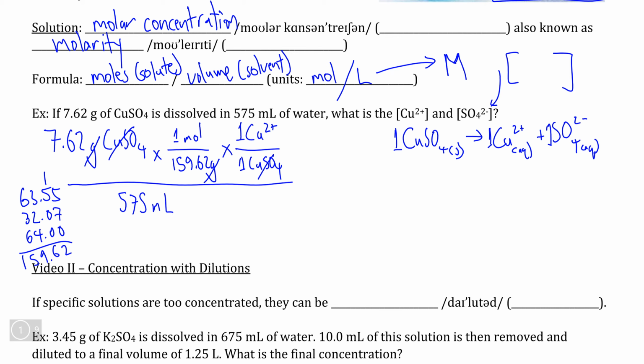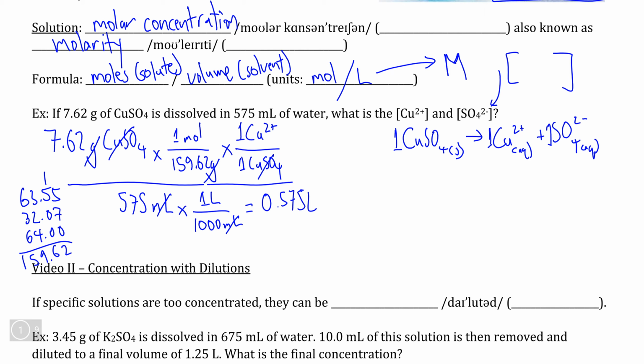Those with a keen eye will recognize that our units for volume are wrong, because the standard units for molarity are moles divided by liters, which means we need to convert this volume here into liters, which we can do by multiplying by 1 liter over 1,000 milliliters, which is the same as taking 575 milliliters and dividing by 1,000 to get liters, which comes to exactly 0.575 liters.